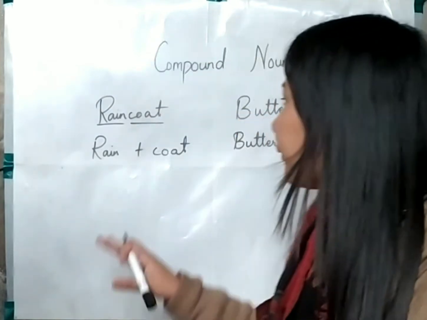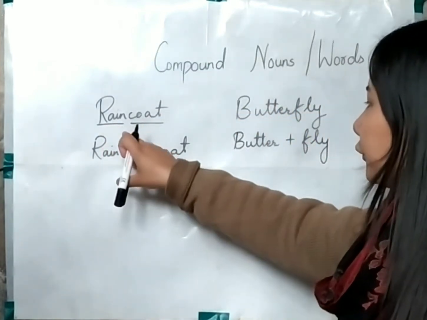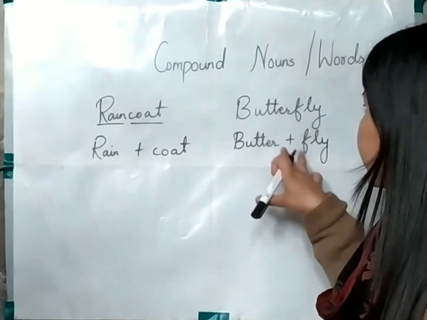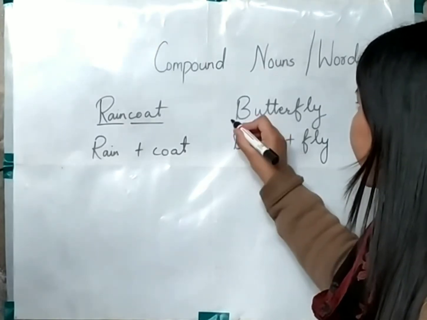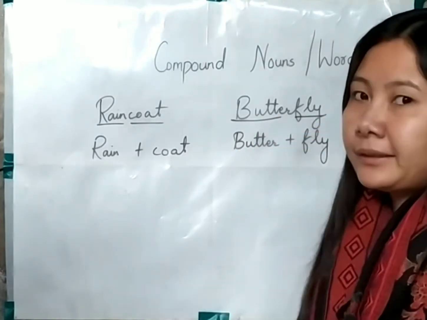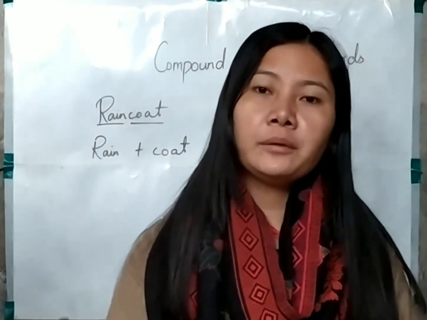You need to remember that compound nouns are nouns made up of two or more words. Over here I have combined two words to form raincoat, and two words to form butterfly. So these compound nouns are formed when you combine two or more words together.